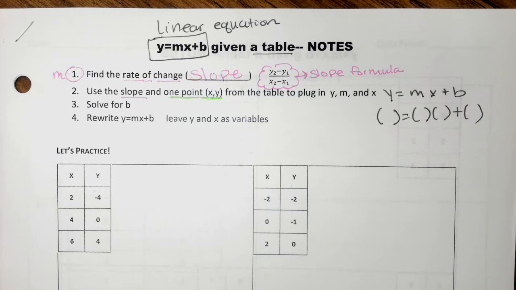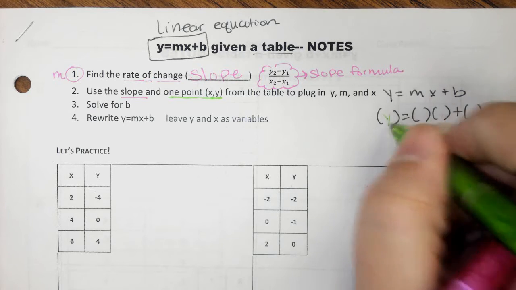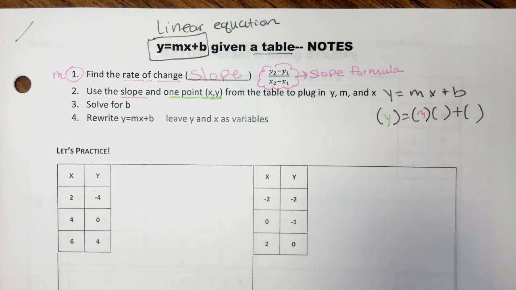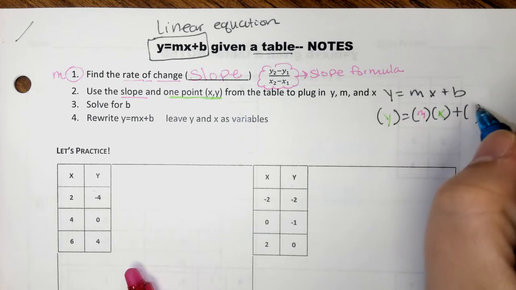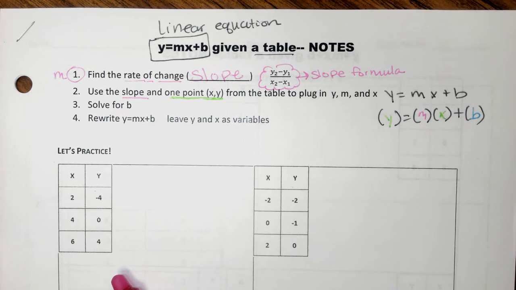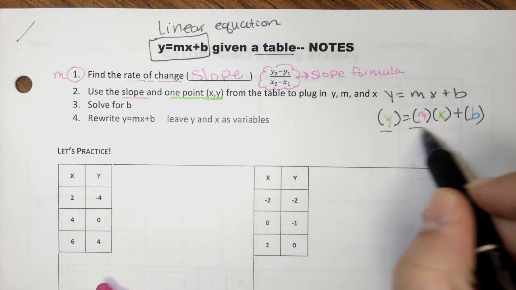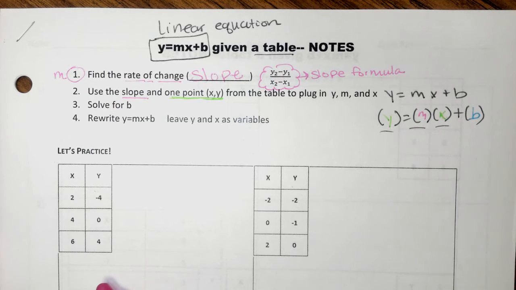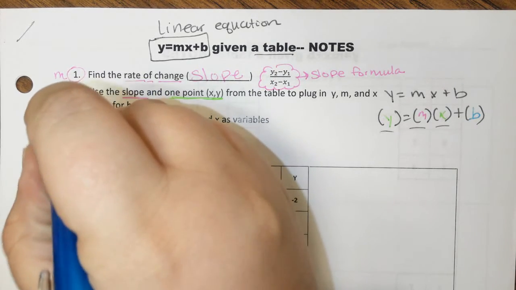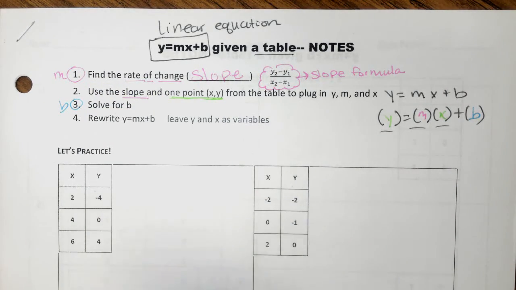After that's done, you'll have a y value here, you'll have the slope here, you'll have an x value here, and then the last number is going to be b. If these are all numbers, y, m, and x, then you'll be able to solve for b, which is exactly what the next step is, to solve for b, or the y-intercept.